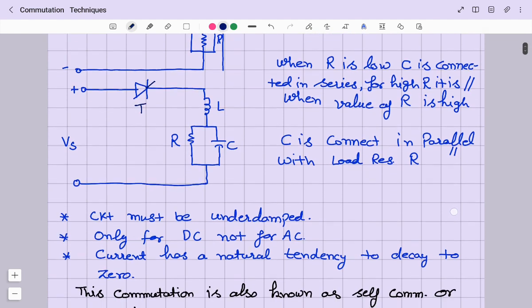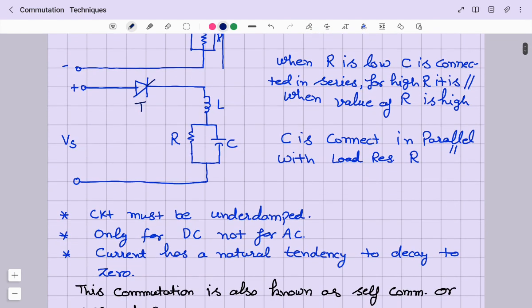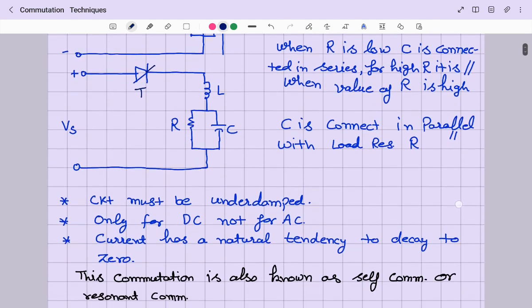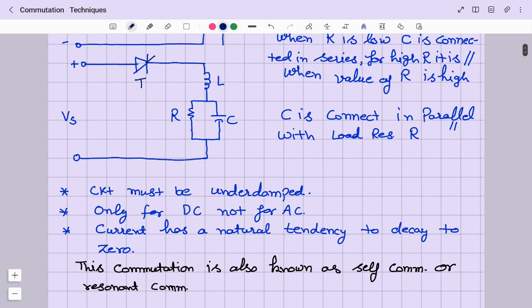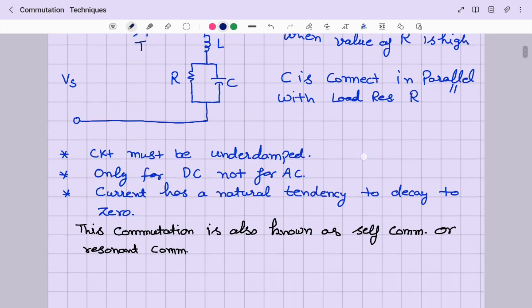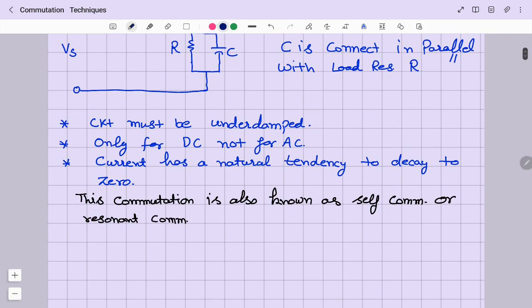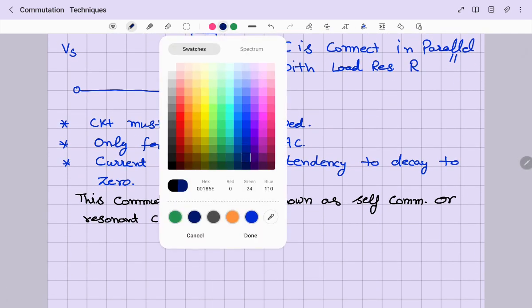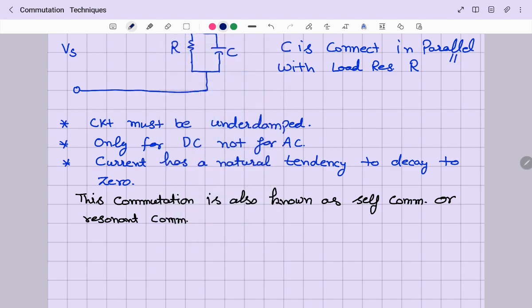Under steady state the current is zero, so because of this the current flowing through the thyristor T is less than the holding current and the thyristor gets commutated, right? This commutation is also known as self commutation or resonant commutation, right?